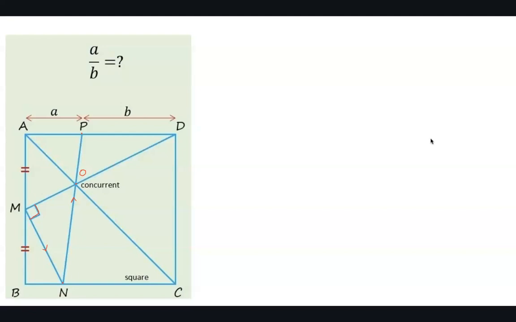I know that M is the midpoint of AB, so AM and MB are the same. This also means that MB or AM is half of the length of all the sides of the square. We can also say that it is half of the length of AD.